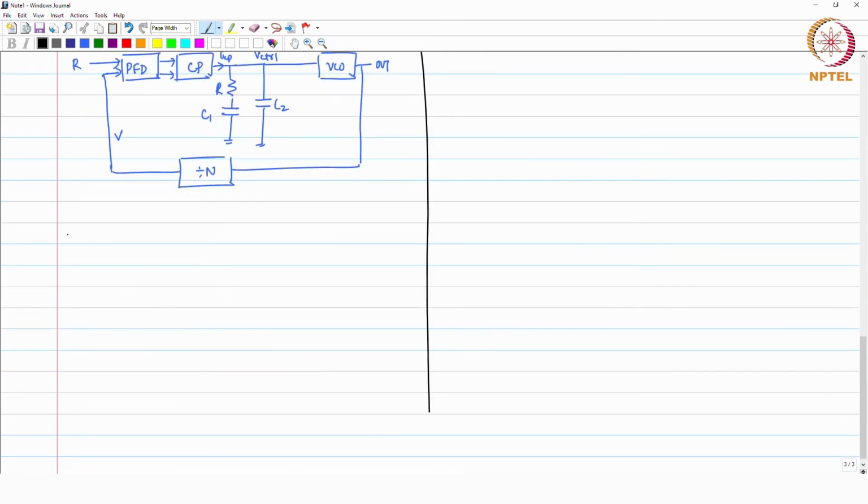In the presence of the mismatch between your currents, I am going to have a current like this from 0 ICP to the I down value, and then the overlap period like this, and this is the thing which is going to repeat every reference clock period.